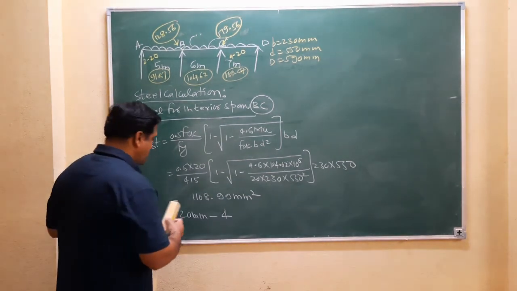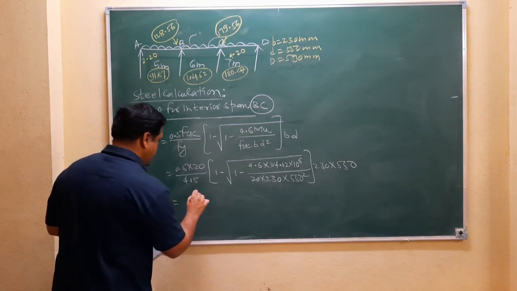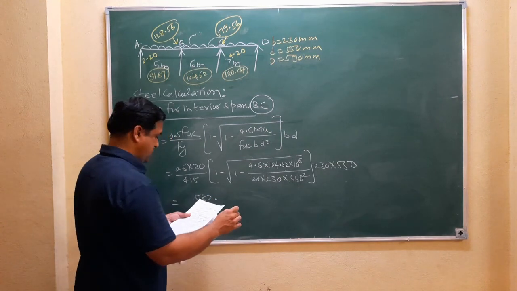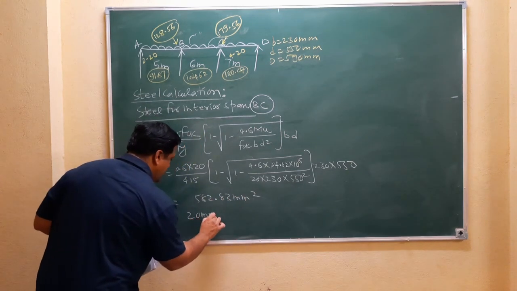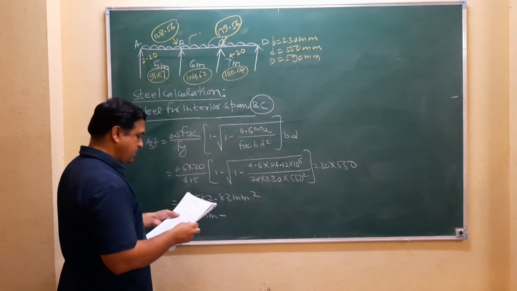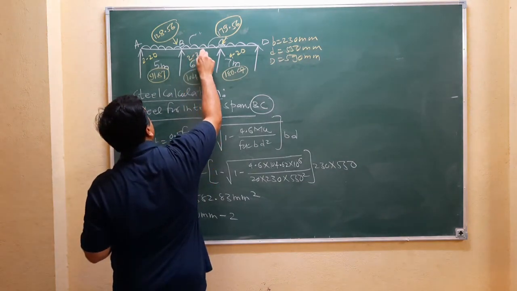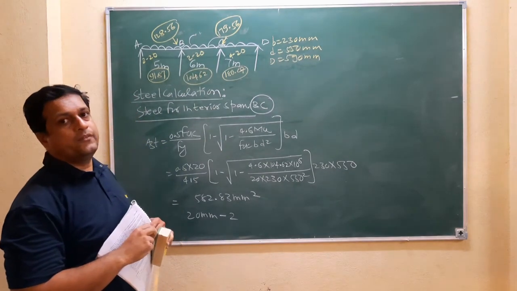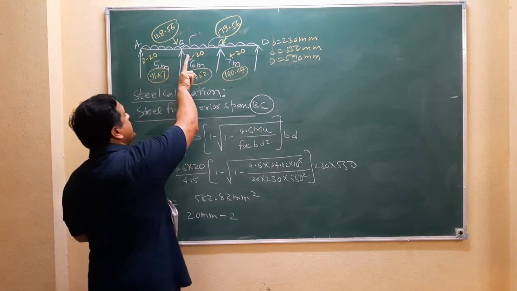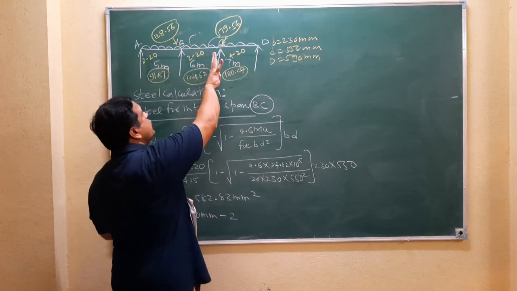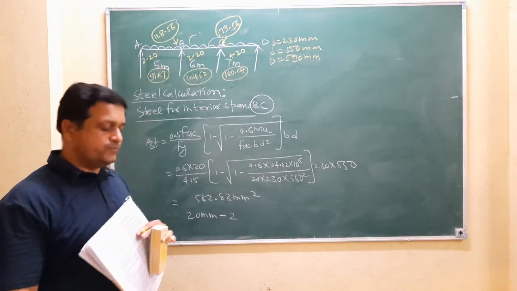After doing the calculation, the value is 582.83 mm square, and if we assume the same bar diameter, 20 mm, 2 bars are to be provided. So 2 bars here, 2 bars here, and now the 4 bars are here. Like this you have to provide the steel.